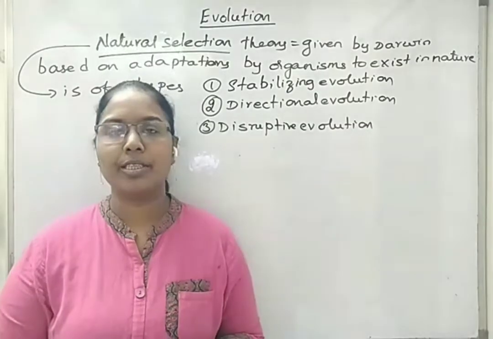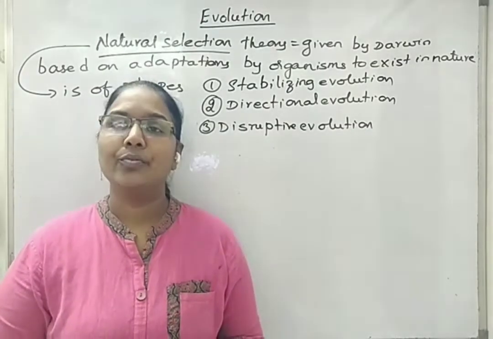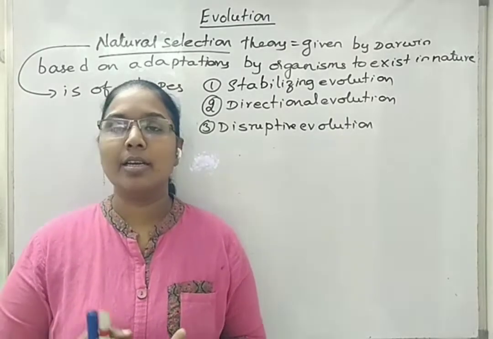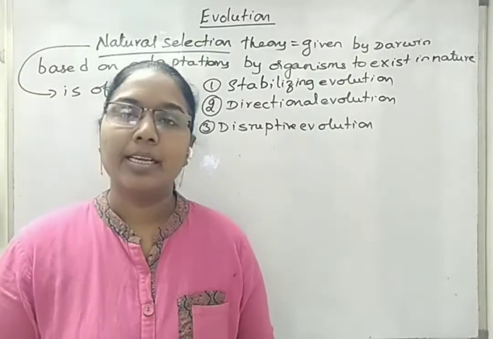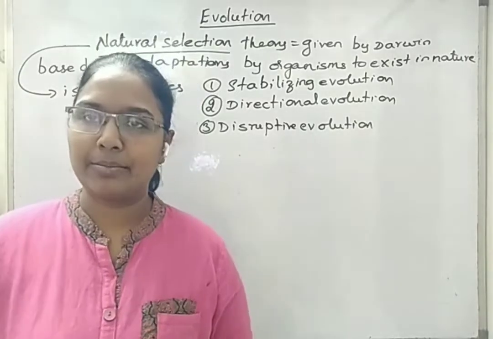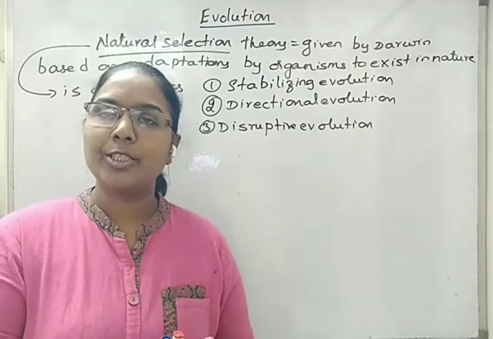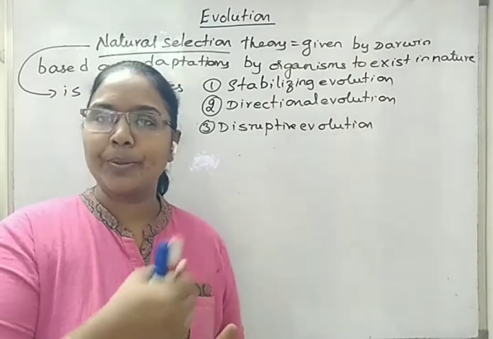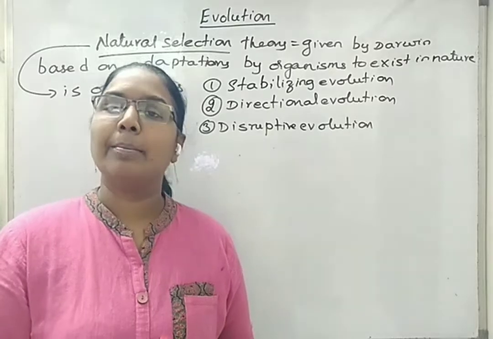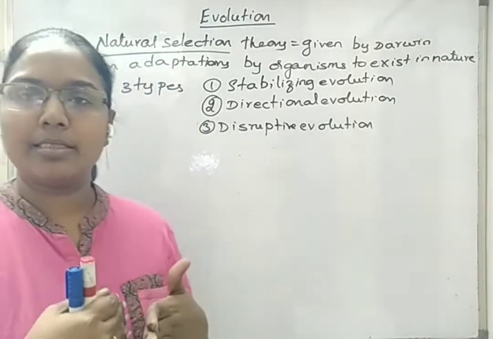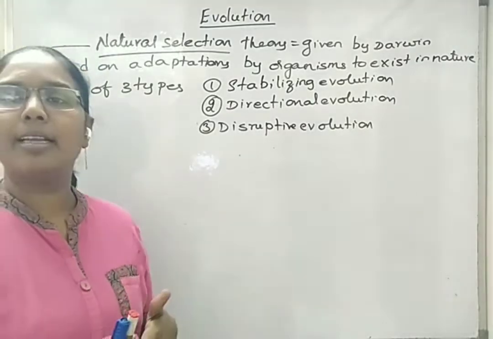Darwin proposed the natural selection theory, which states that an organism is trying to adapt to exist or survive in nature. Simultaneously, at the same time, nature is also selecting the dominant species, the species which can exist by tolerating all the objections that it comes across in its lifetime.